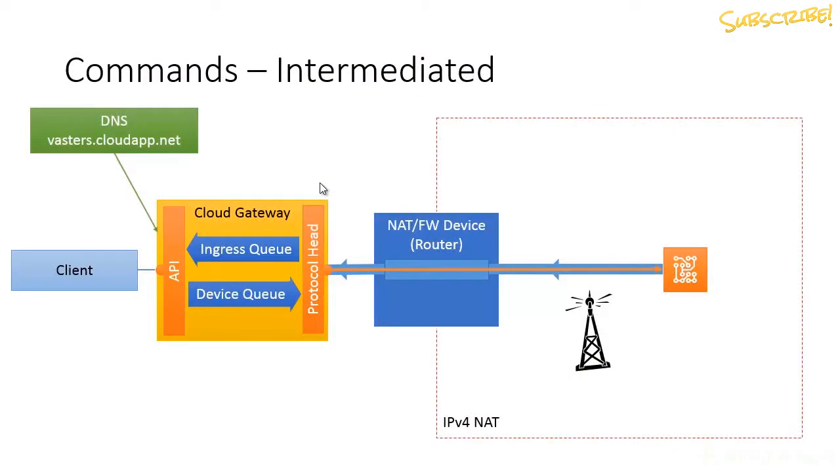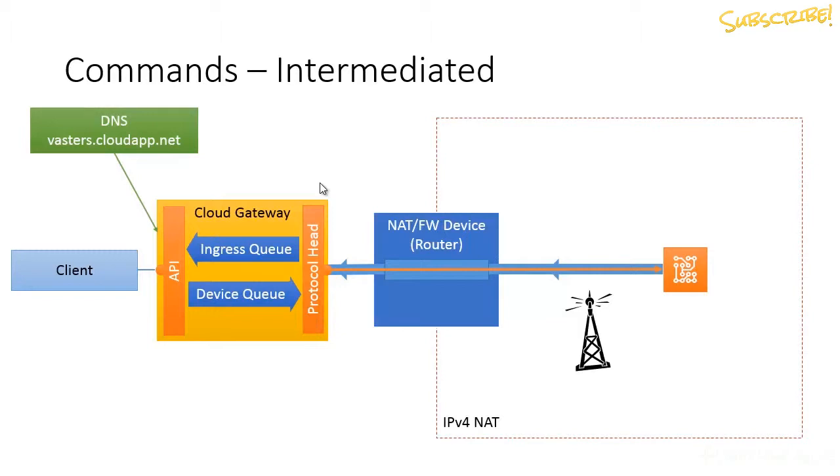It defends the device. If there are true intrusion attempts, it will log them into an audit log. If it's alert-worthy, it will alert an operator. So it's going to do all the things that the device by itself, due to its capacity constraints, has a hard time doing. The queues in the middle are helping with that intermediation.